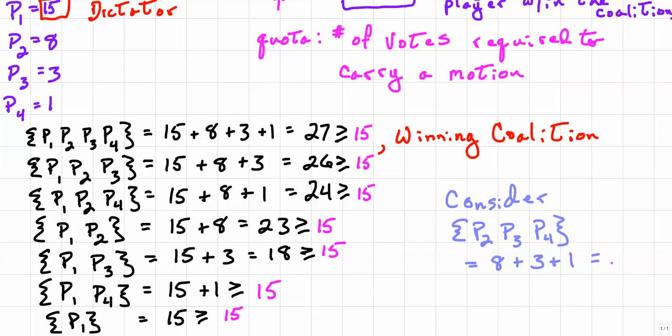We add those together and get 12, and that is less than our quota of 15, therefore not a winning coalition. I'm going to use the mathematical symbol for therefore, which is this triangular set of dots. So this is therefore not a winning coalition.